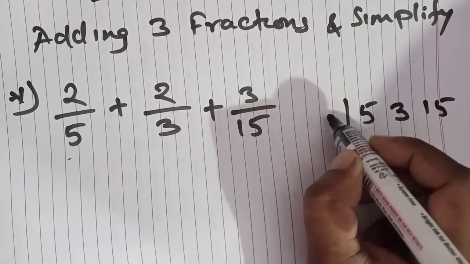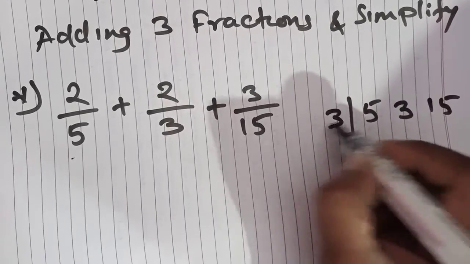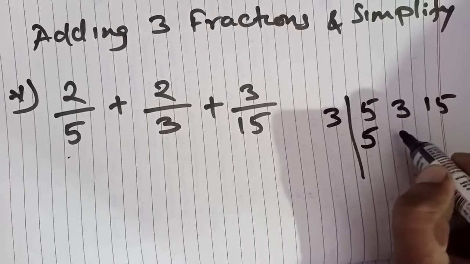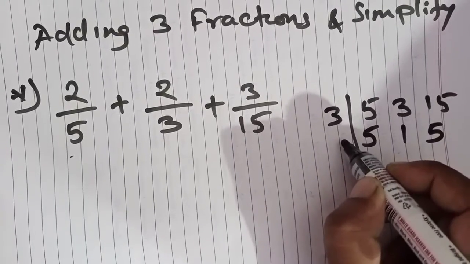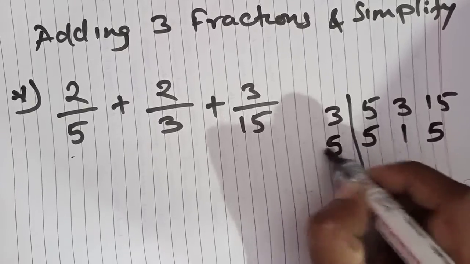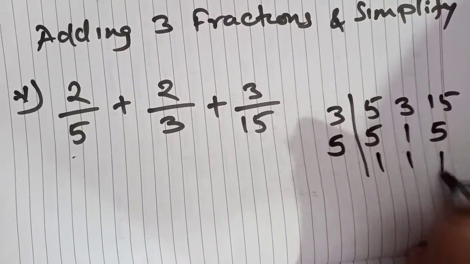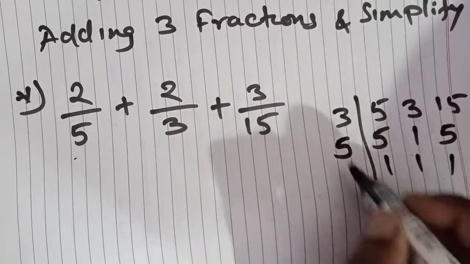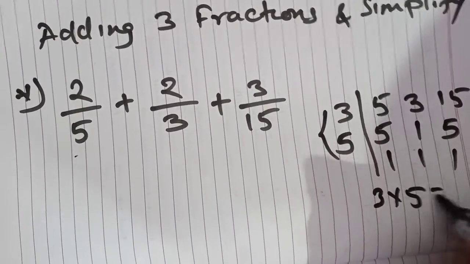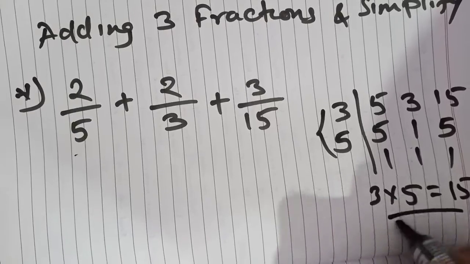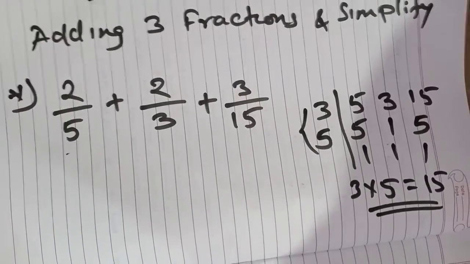The first number I take is 2. Oh no, that's not possible. So 3. 3 1s are 3, and 3 5s are 15. Now the next number is 5. I can see 1, 1, and 1. So my LCM is the product of these two, that is 3 into 5, which is 15.